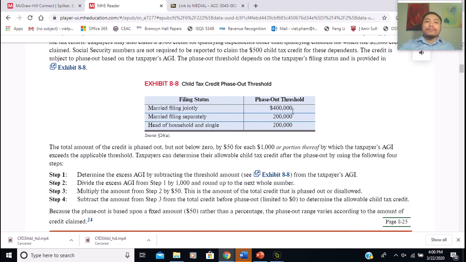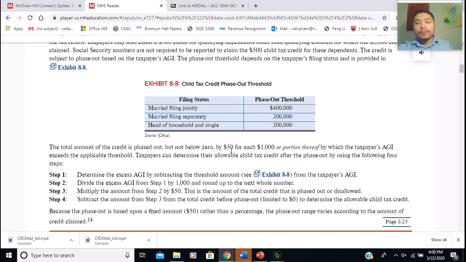So let's say a married couple filing jointly whose AGI is, let's say, $410,000, right? So they have $10,000 going above the phase out threshold.